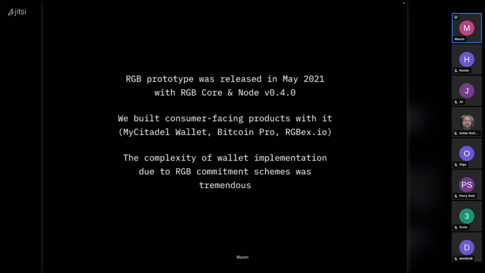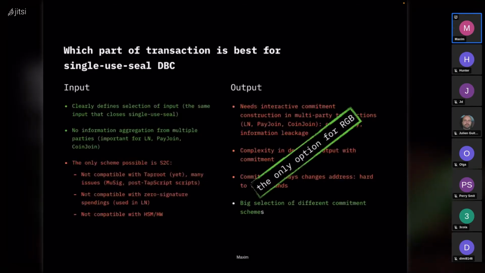So integration of RGB into a Bitcoin wallet takes more effort than implementing a Bitcoin wallet without RGB from scratch. That is actually quite undesirable.